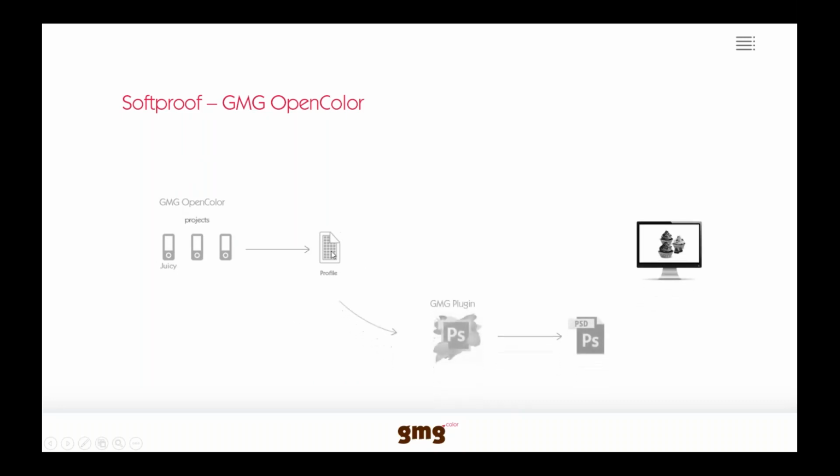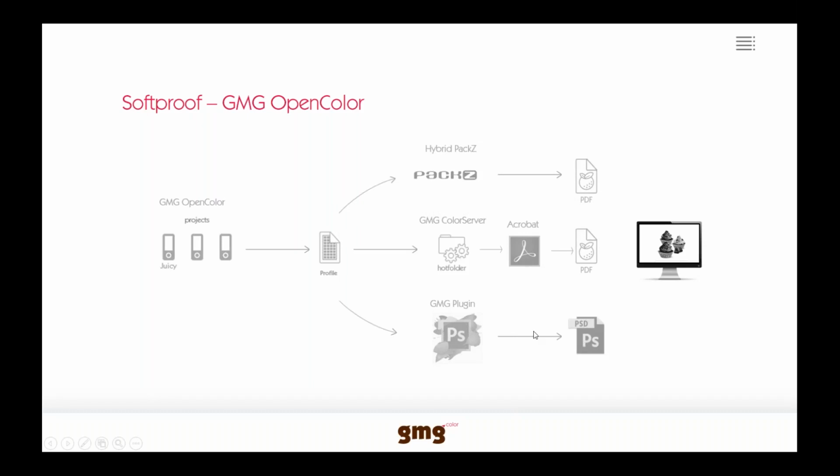So quickly maybe the Open Color case. This is our profiling solution where you can make your own separation profiles and your own proof profiles, if the standard cases are not enough for you. Then one case will be over the plugin we already discussed, and one case will be over color server, and then in the background you have the ICC profile, and that will be displayed with your file in Acrobat for accurate preview.